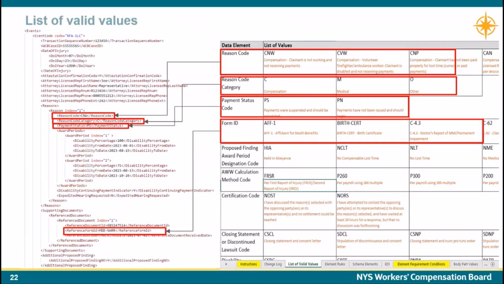In many of the data elements, we are expecting coded values instead of text, as in this example. For example, the reason code of CNW represents claimant is not working and not receiving payment. We are expecting the API consumers to make use of valid list of values that Mike mentioned earlier in the spreadsheet to look up the code and populate the data elements accordingly.